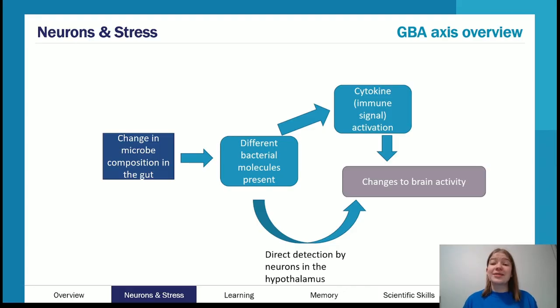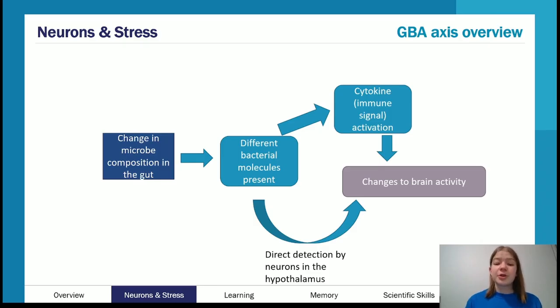The gut-brain axis, however, is newer. So I've created this flowchart based off the studies that VCE has put in their resource lists, where we have a change in microbe composition in the gut, so different bacteria and things like that. This is then going to mean we have different bacterial molecules present, like components of bacterial cell walls that change due to what bacteria we have.